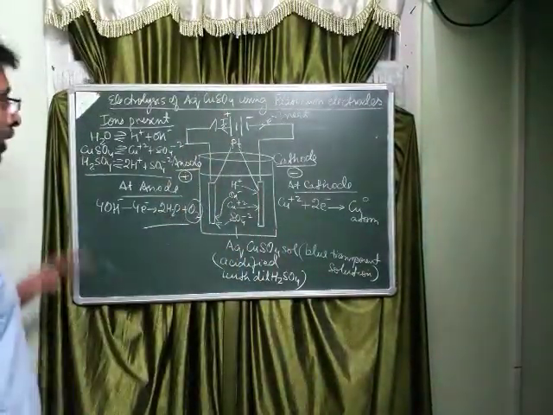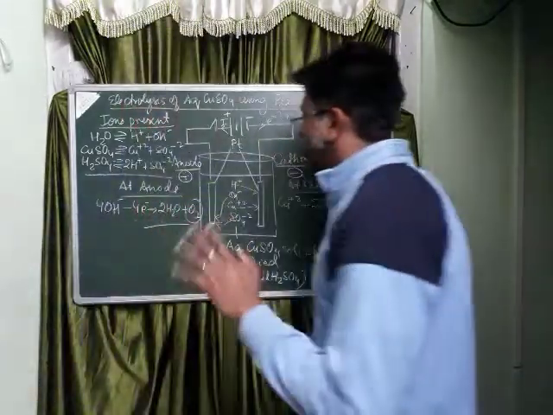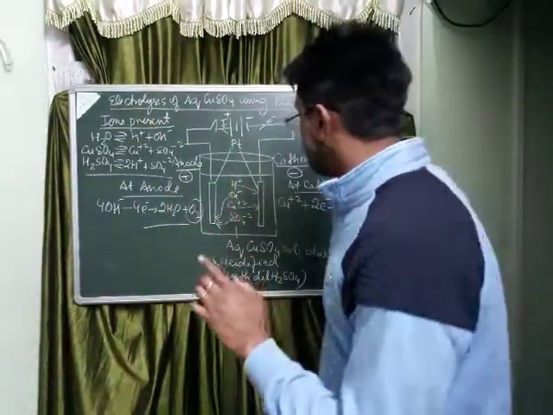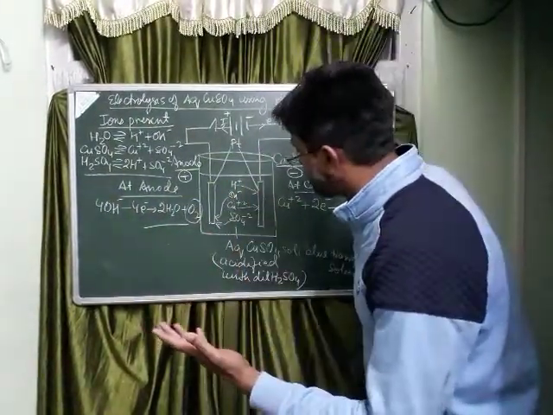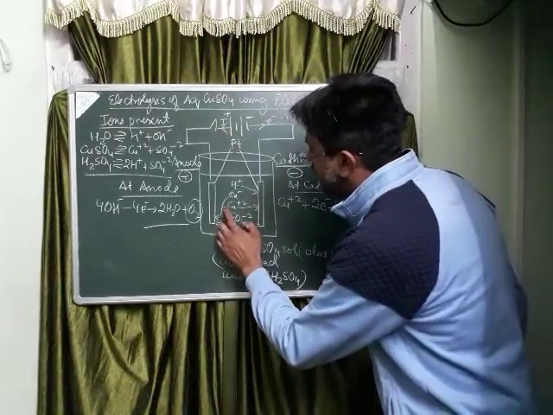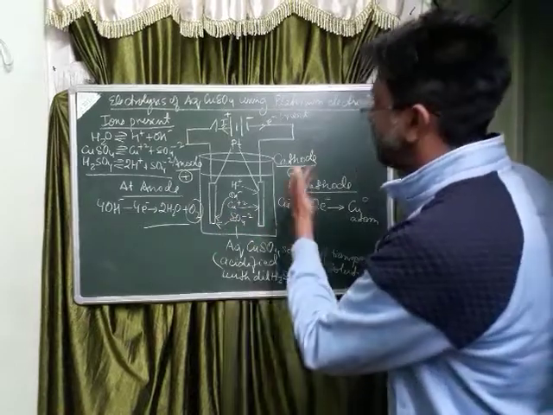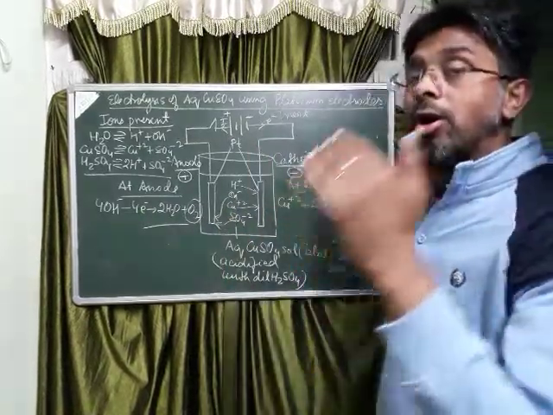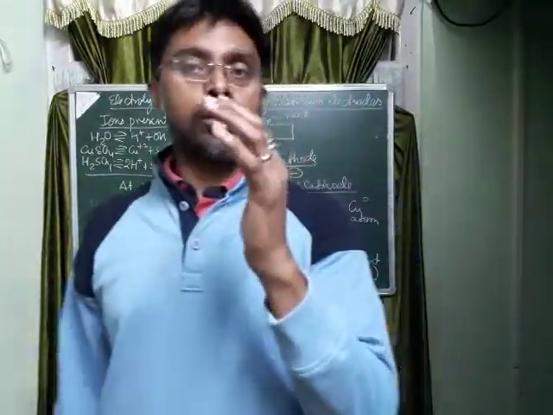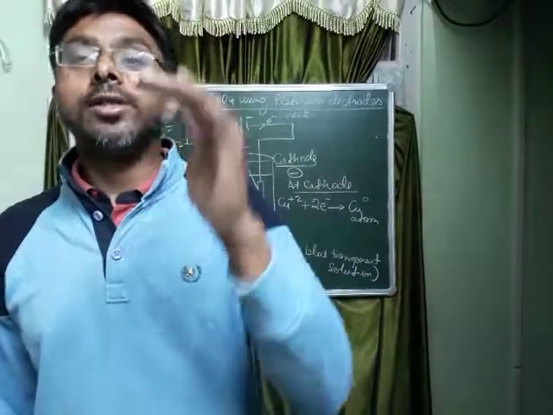Now here, as time goes by, slowly and steadily, all the copper ions present in this electrolytic solution get discharged at the cathode. So the concentration of copper ions is decreasing.